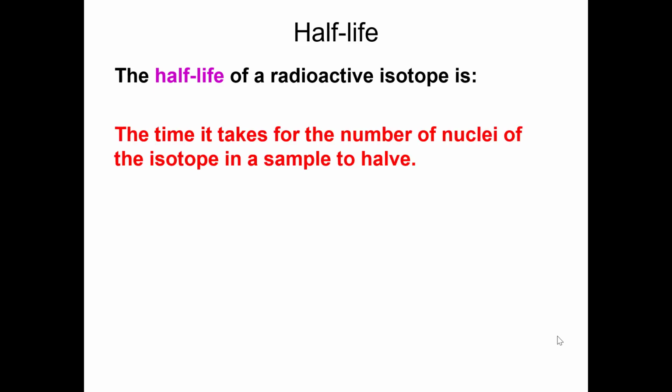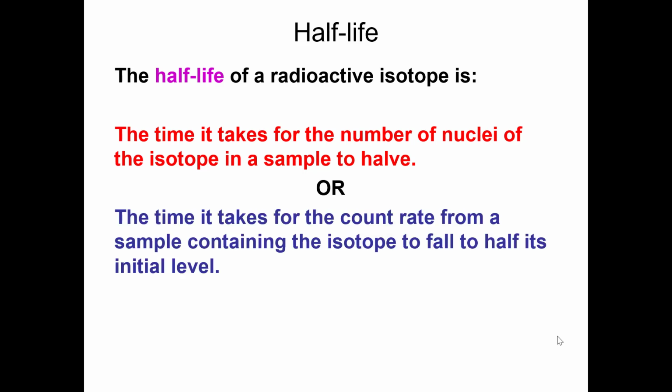In other words, we define half-life as the time taken for the number of nuclei of a radioactive isotope in a sample to reduce by half, to halve. Or we can simply define it as the time it takes for the count rate from a sample containing a radioactive isotope to fall to half of its original level. That is what half-life is.